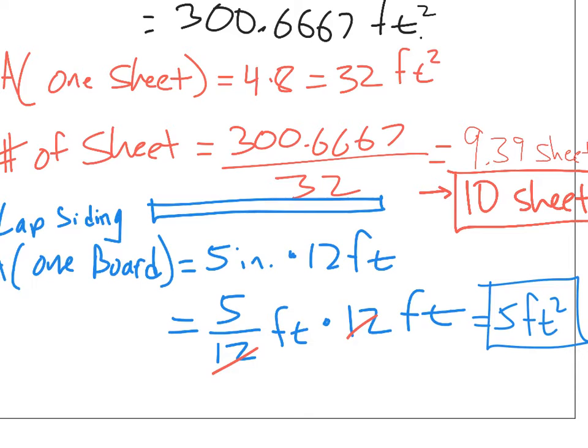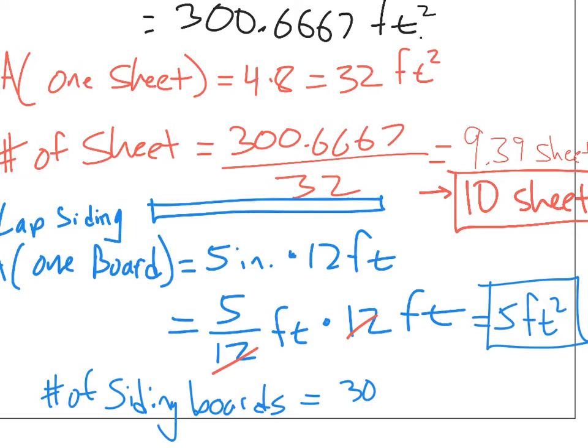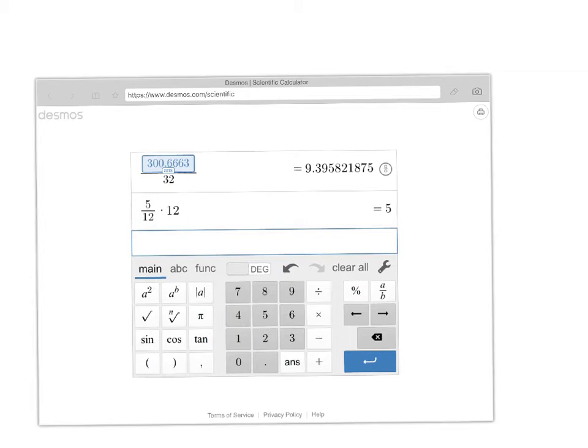And we know we have 300, so the number of lap siding boards is going to be 300.66, whoops, lost a 0. Okay, divided by 5.